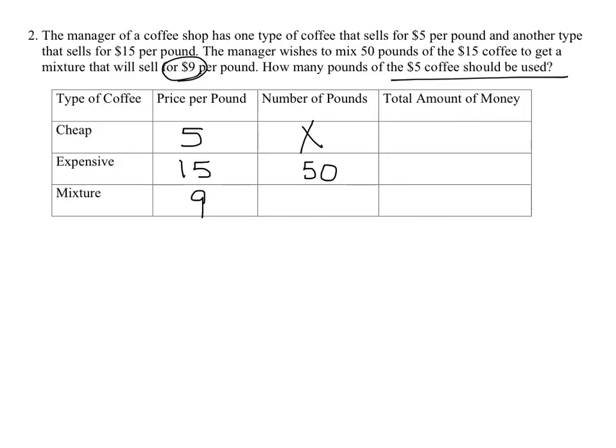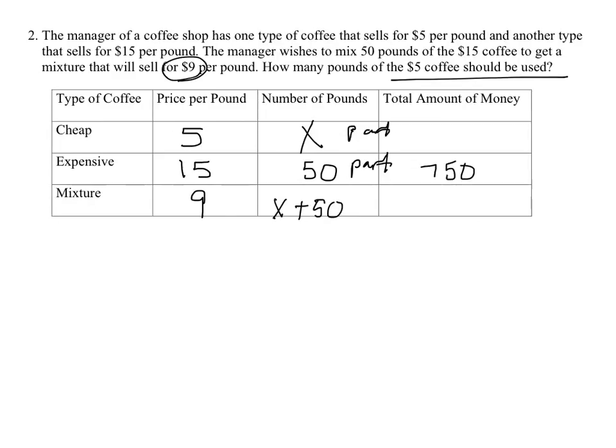Good. I love these because they're right in there. Everything's great. So what's the total? Well, this is part. This is part. So I got to add them to get my total in the barrel. And the beauty is, how much money is tied up in the expensive coffee? Well, 15 times 50 is $750.